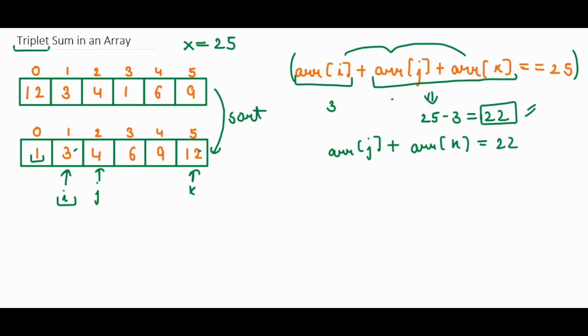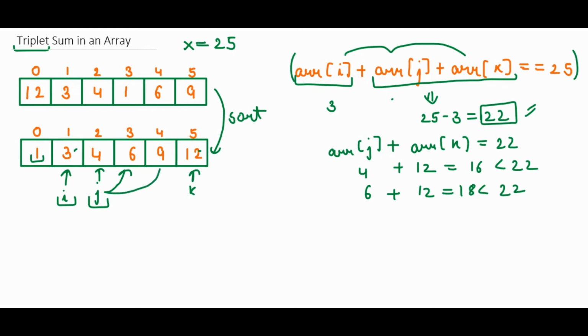Let's see now. So we know array of j is equal to 4 and array of k is equal to 12, which is equal to 16, which is less than 22. So same thing what we will do, we will increase our j. Now j will point to 6. It will become 6 plus 12, which is equal to 18, still less than 22, right?